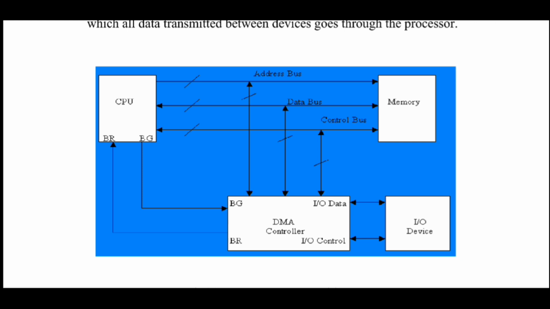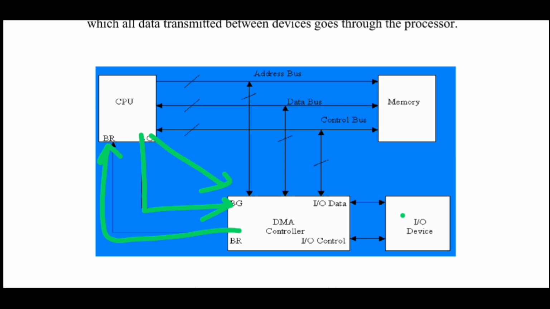First of all, the CPU gives the command that there will be a transfer between IO devices and main memory. Then the DMA controller sends a bus request. Then the CPU frees the system bus and gives the DMA controller a bus acknowledgement that it can use the bus now.